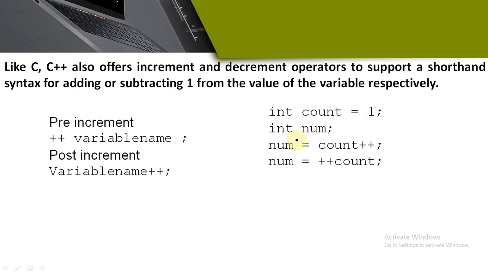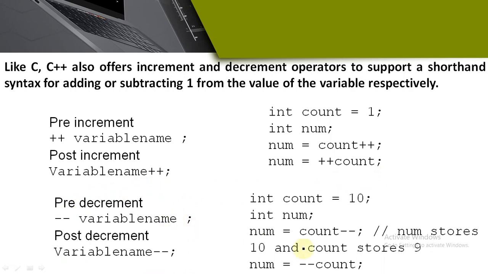Integer count equal to 1, integer number equal to count plus plus. Now, when the compiler leaves this particular statement, the count would have become 2. Number still remains 1 because it is count plus plus. Here, number will receive 1 added to the count, while count would have become 3.